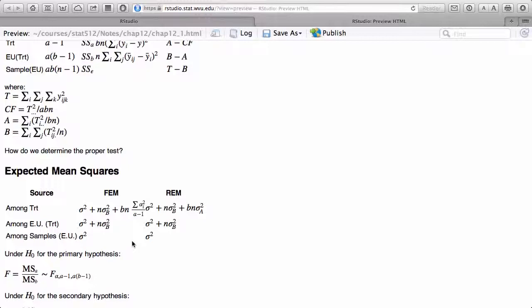Now, if you look at the among treatments, is there a treatment effect? Either the alphas equal 0 or they don't, or if it's a random effect, is sigma squared sub A 0 or not? You can see that under the null hypothesis you want that ratio of expected mean squares to be 1, right? So what do you think you're going to use as the error term for testing the treatment effect?